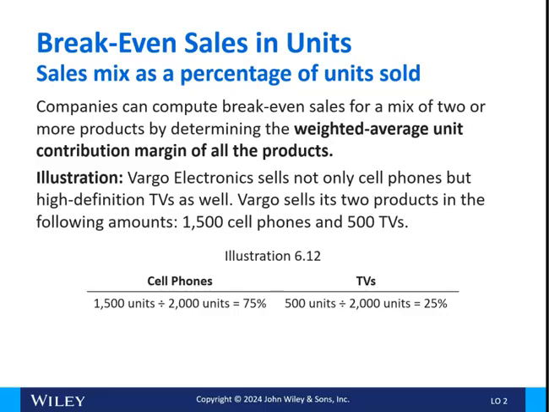We get the mix by taking the units sold for that product. So cell phones, we sell 1,500. 1,500 divided by 2,000 gives us 75%. So we're 75% cell phones. TVs, since we only have two products, it's going to be the remaining 25%, but we can also calculate it by 500 TVs sold divided by total units sold of 2,000, 25%.